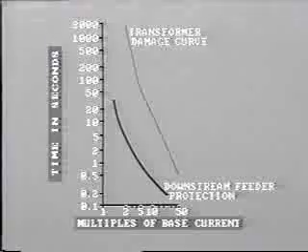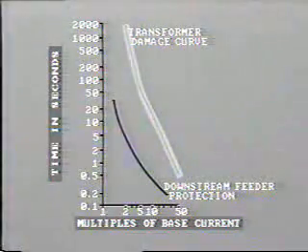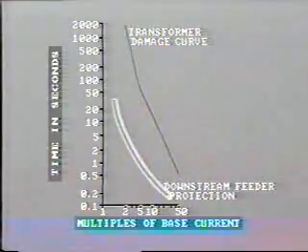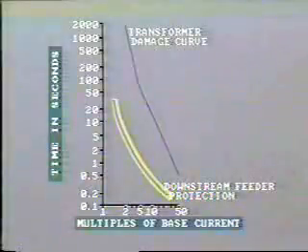Now, in selecting either the fuse ratings or the setting for the overcurrent relay, attention must be paid to coordination. That means protection must be provided for the transformer, which allows time for operation of downstream protection devices.